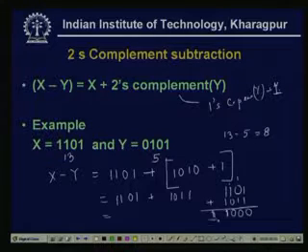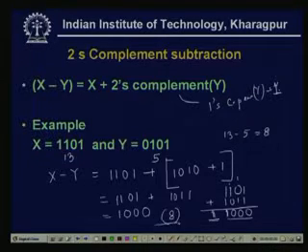Now, if we neglect or discard this overflow bit, then it will be 1000, whose decimal equivalent is 8, which satisfies our normal result. So, instead of doing the subtraction, actually we have done the addition. The simple addition circuit we can easily use for this, provided that the 2's complement of that number is available.